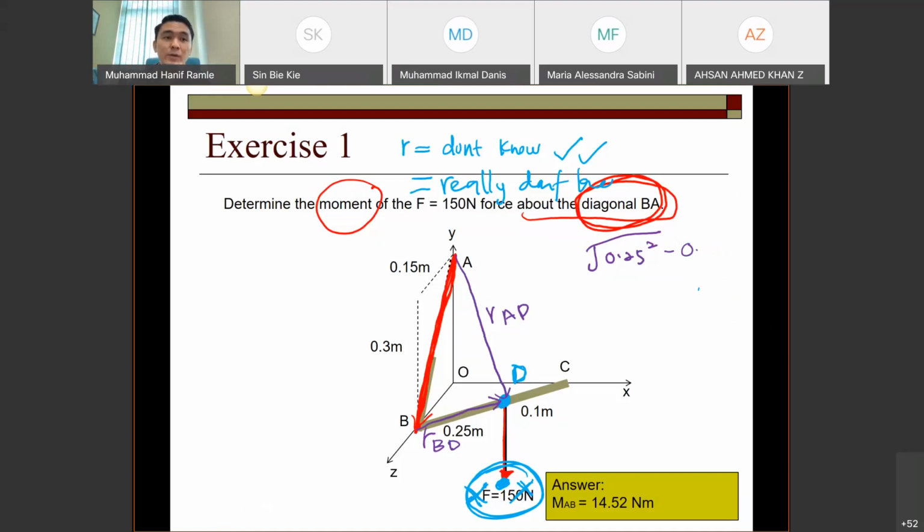This is mathematics only, not really statics. Mathematics. Hold on. Okay, alright. Farah Amira, how to determine RBD? This is mathematics. RBD.